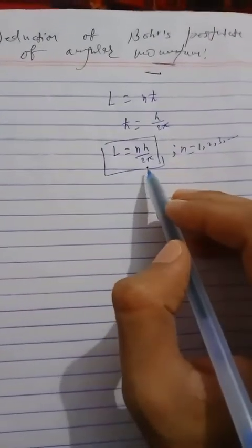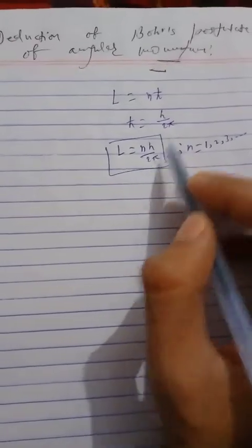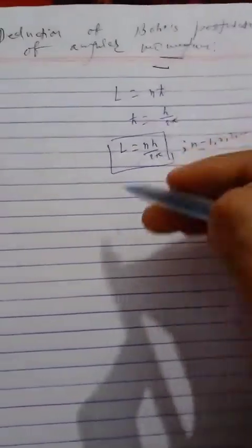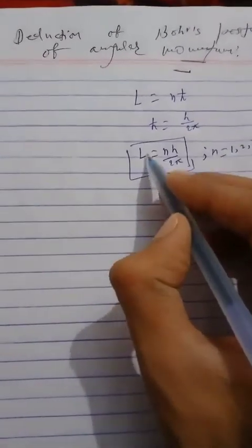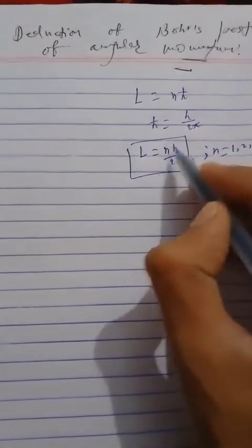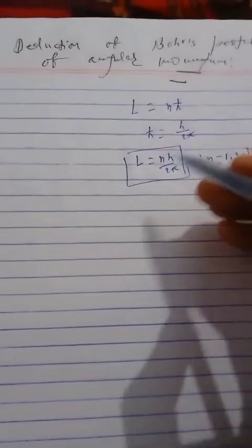So this is the quantization principle of angular momentum, or you can also call it Bohr's quantization principle of angular momentum. This is the angular momentum of the electron, and this is the value that the electron can take in integer multiples of h by 2 pi.